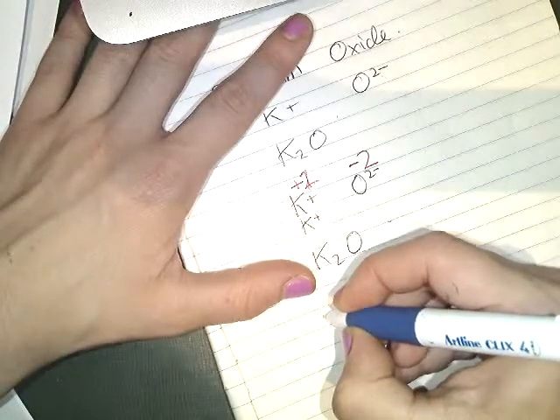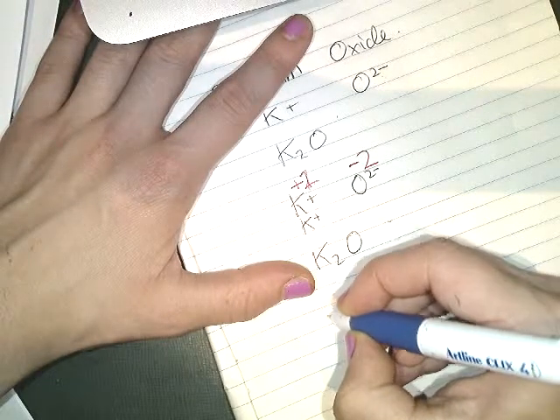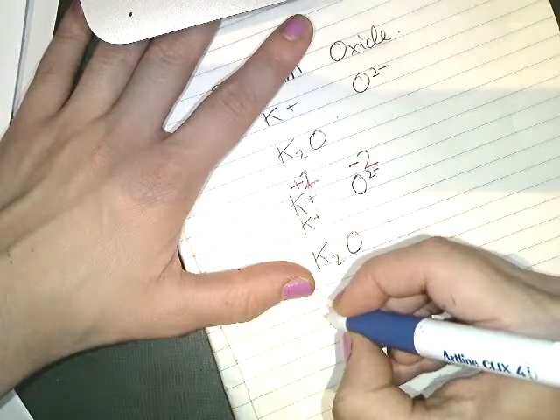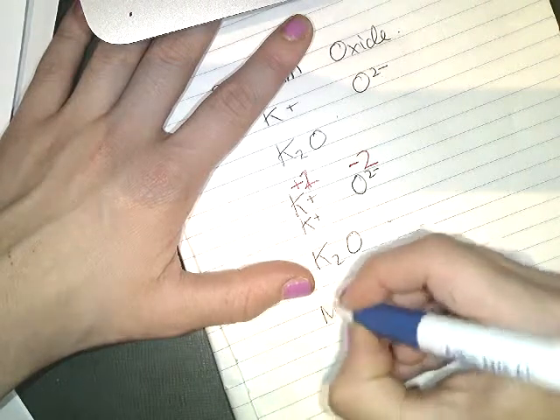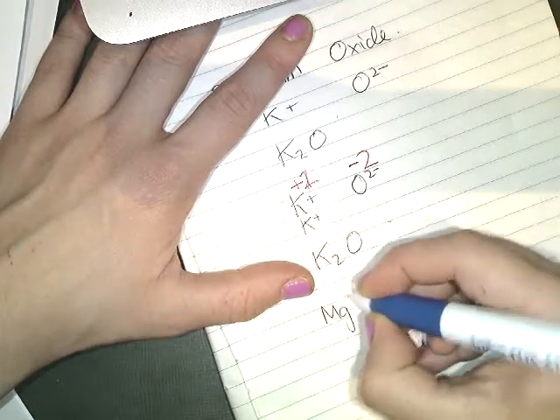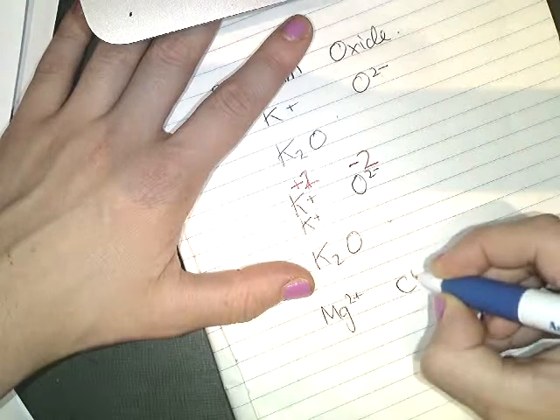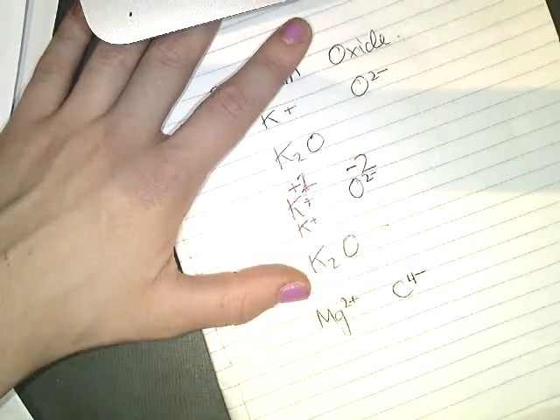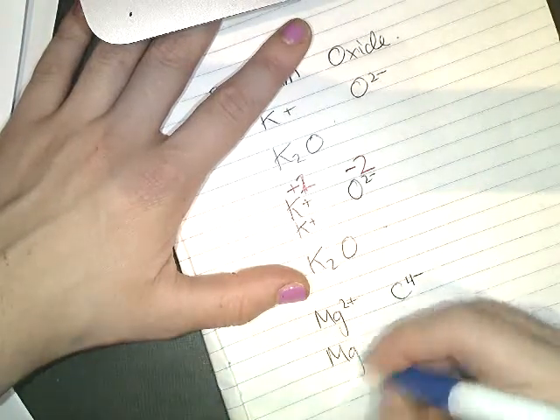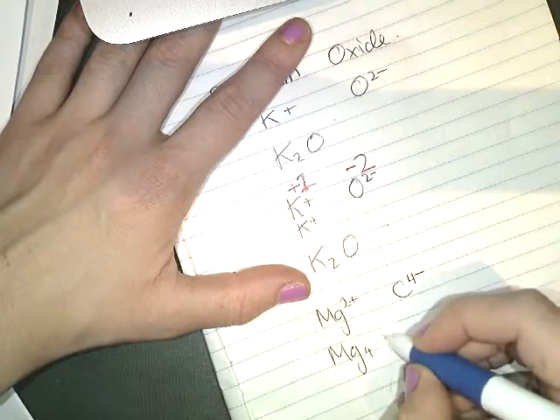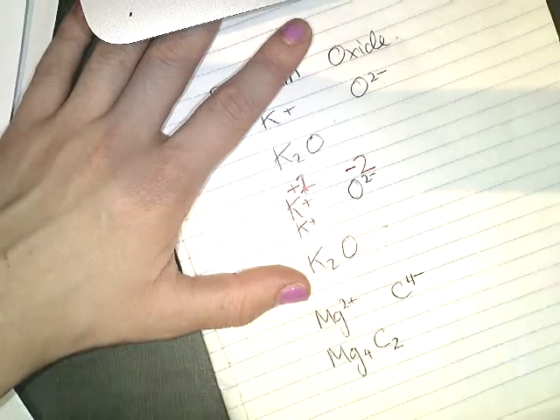I guess the only problem you'll get is if you do magnesium carbide. Now, if they swap numbers, it's Mg4C2.